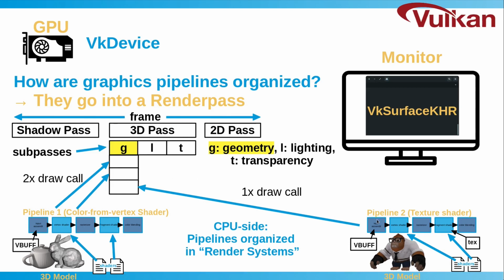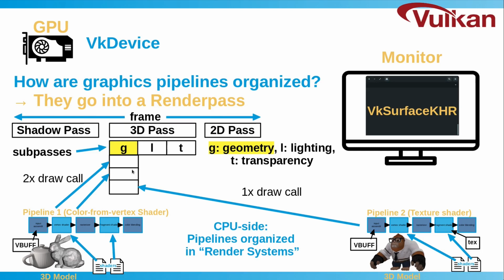Then we need to bind pipeline 2, the vertex buffer of the monkey, and issue a draw call for pipeline number 2. So all 3 draw calls go into the same subpass, which is referred to as the geometry subpass, in the same render pass.